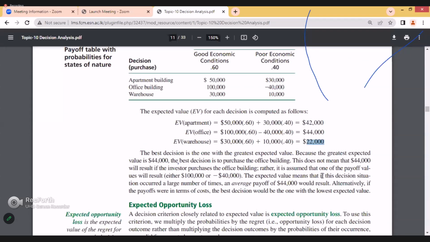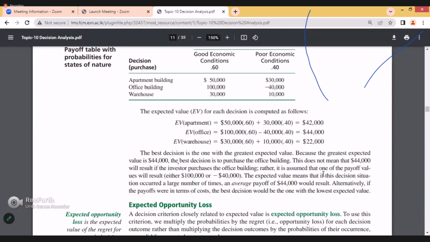The best decision, according to me, is 44,000, the greatest expected value. Even though there are poor economic conditions, 44,000 is the best decision to take. That does not mean 44,000 will be the result the investor gets from this building.